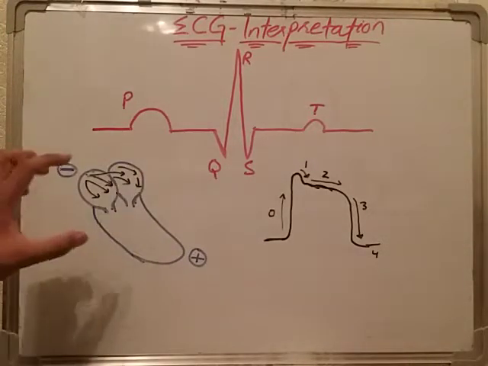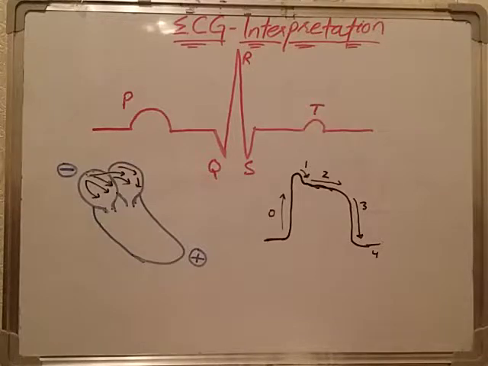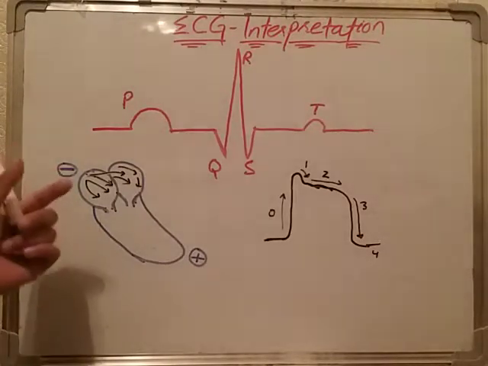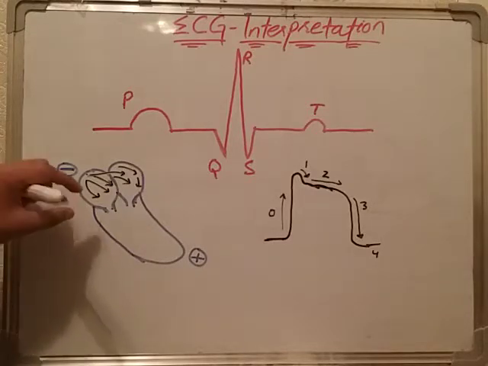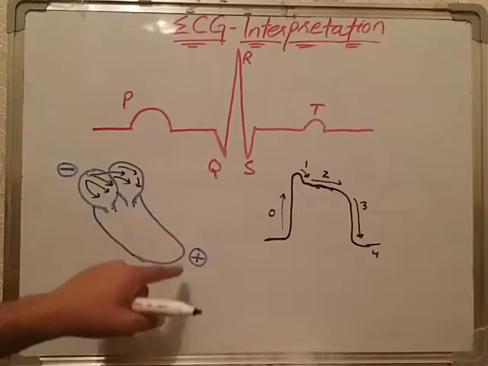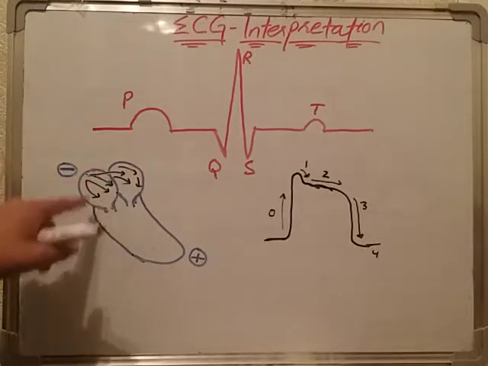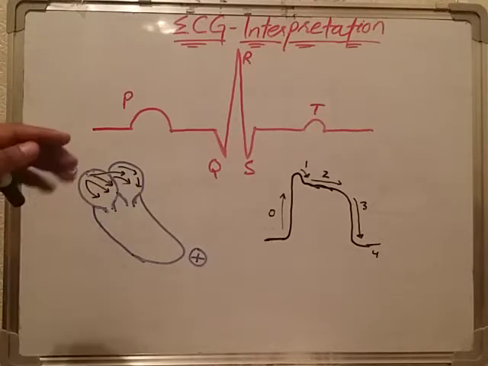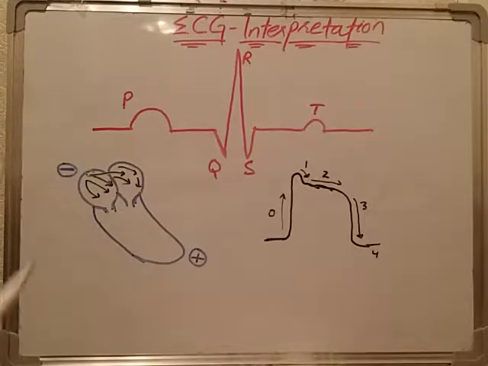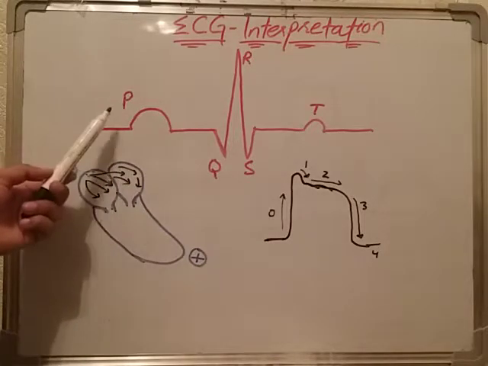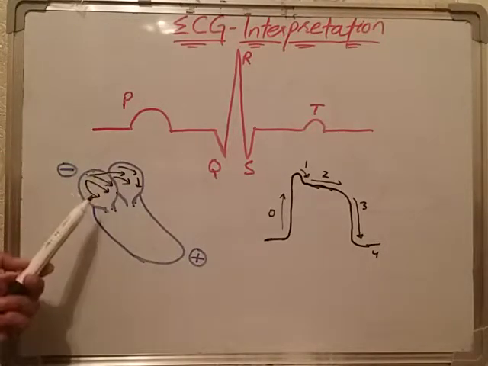It is not so strong because the atrium contains a little bit of typical muscle, so the muscle layer is not as thick as that of the ventricles. So the depolarization is slow and smaller. We draw a small wave, and this P represents the depolarization of the atria.